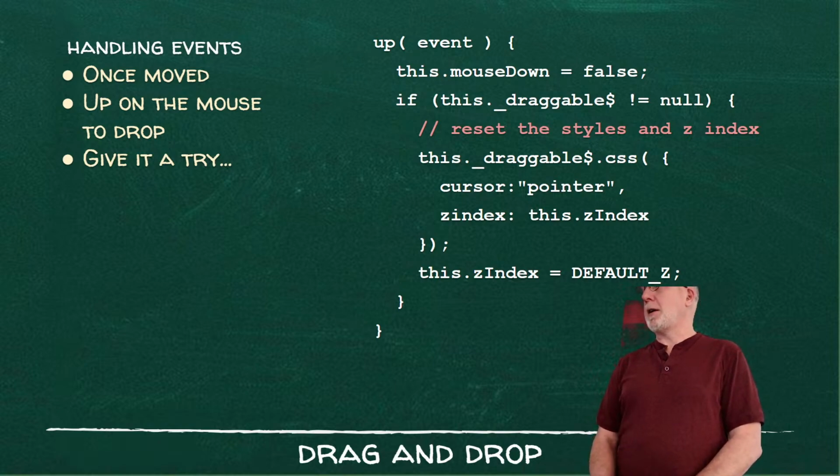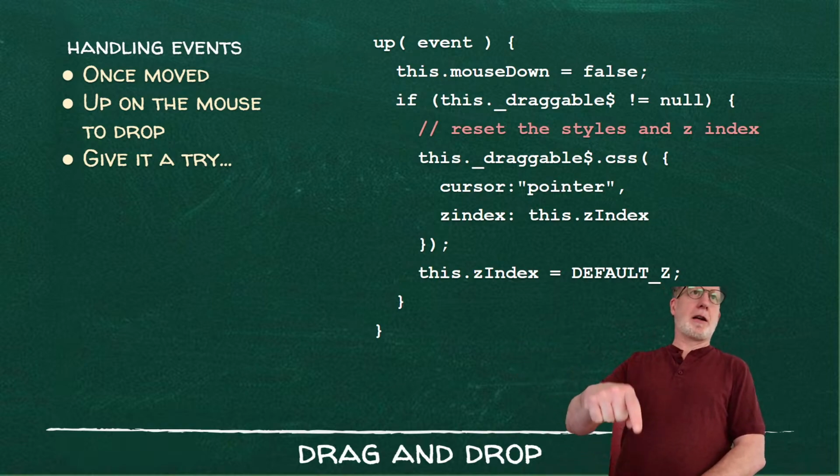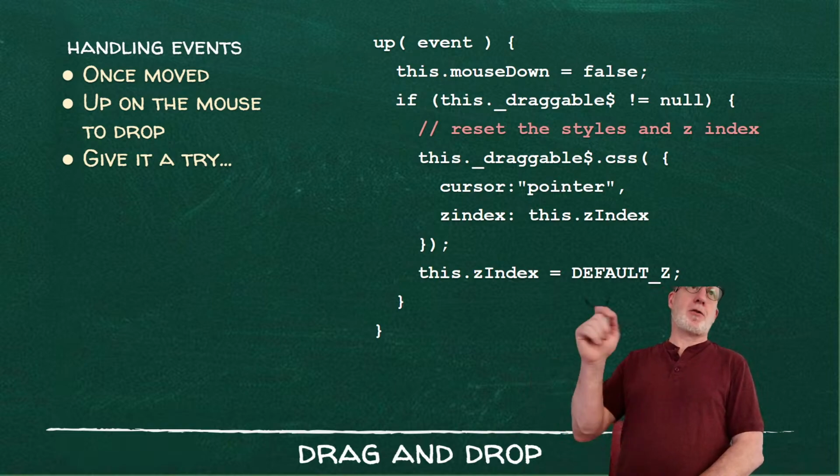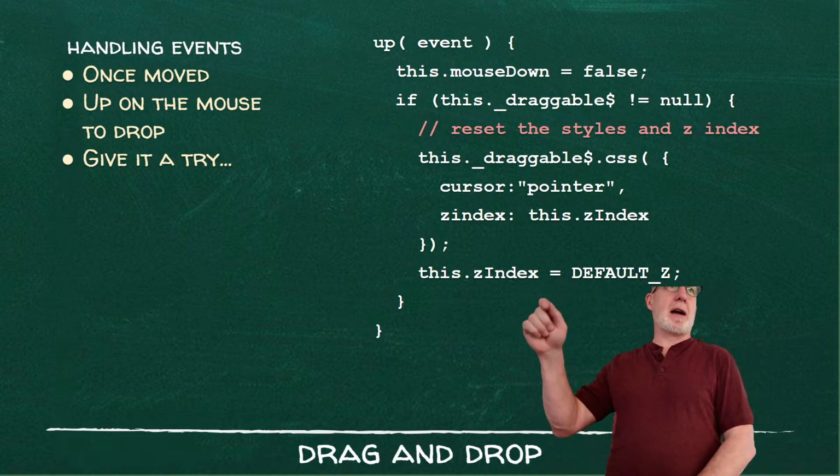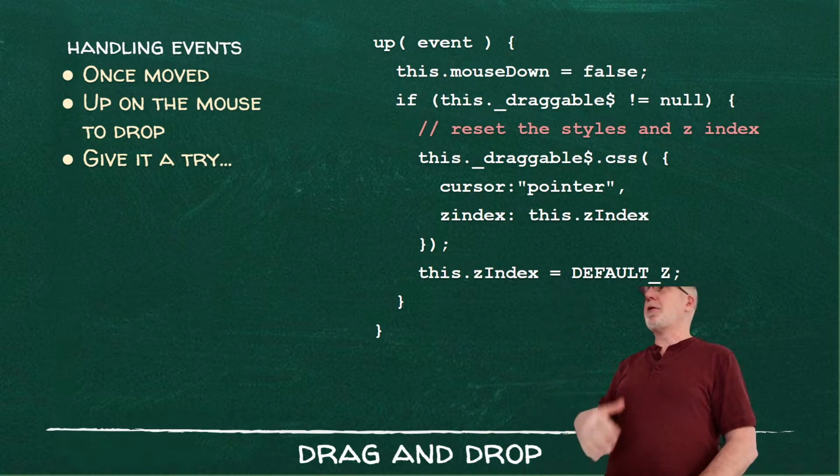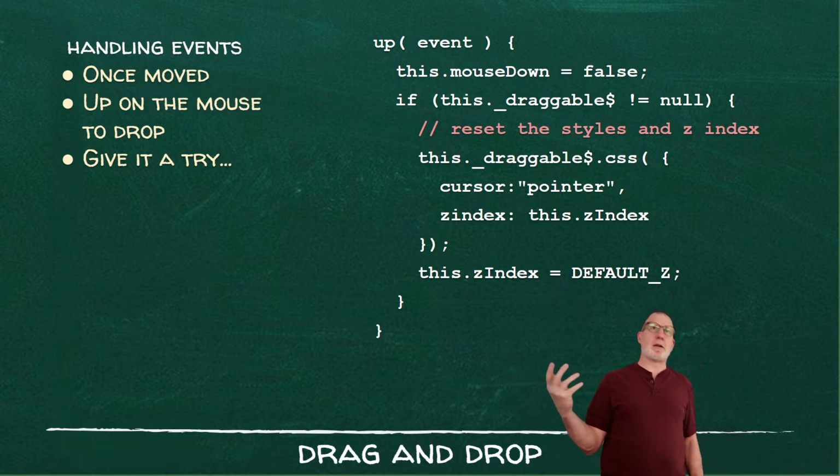So they created 3 new events for the things we're dragging around. Drag start, drag end, and drag. Drag start, I clicked on it and I'm starting to move. Drag, I'm actually in the process of moving it. Drag end, I let it go. And then for the target thing, there's a drop event, a handler for the drop event.